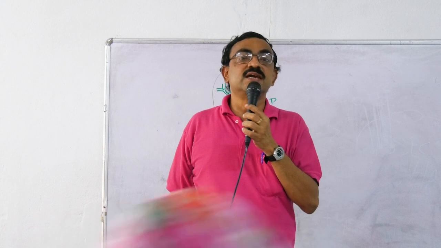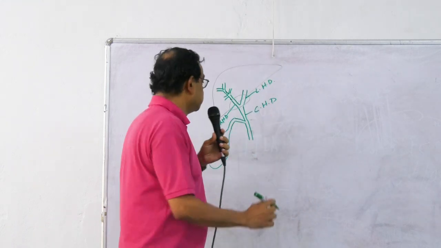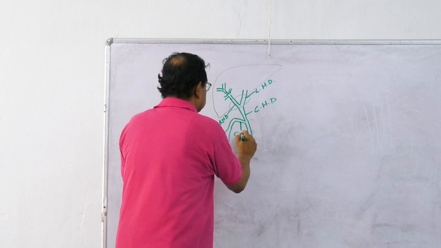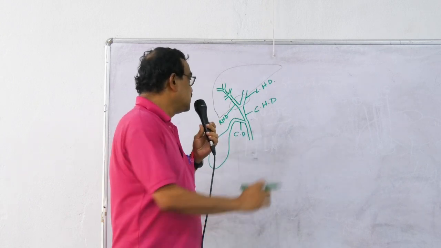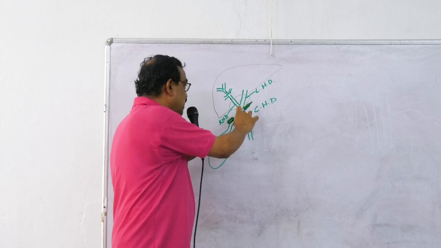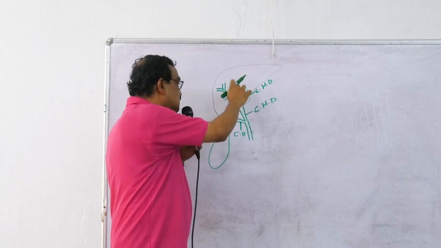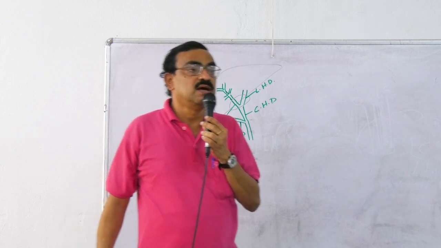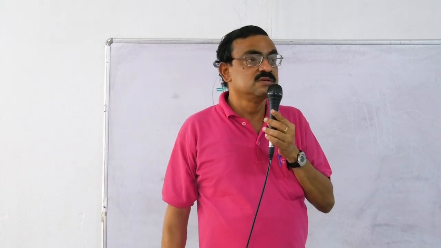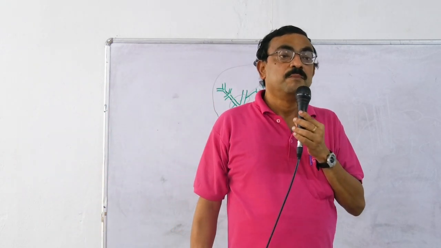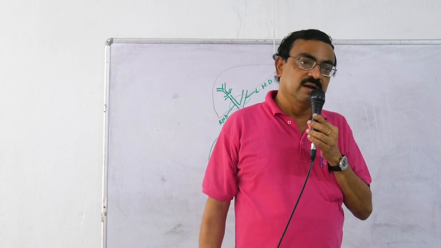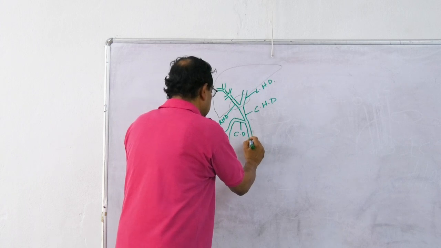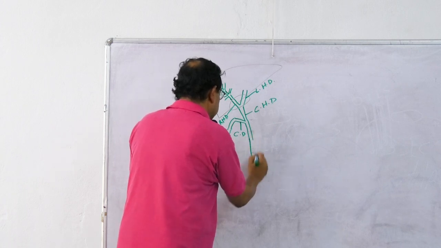This is the cystic duct. So the common hepatic duct joins with the cystic duct and forms the bile duct or common bile duct. Clear? It will come down.